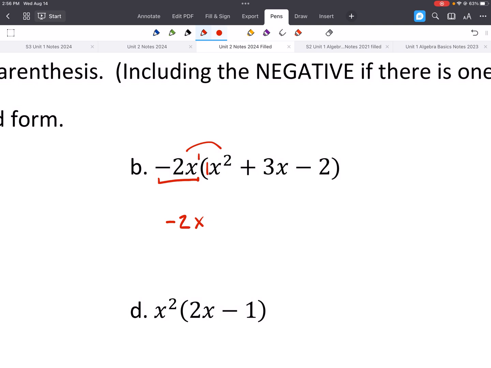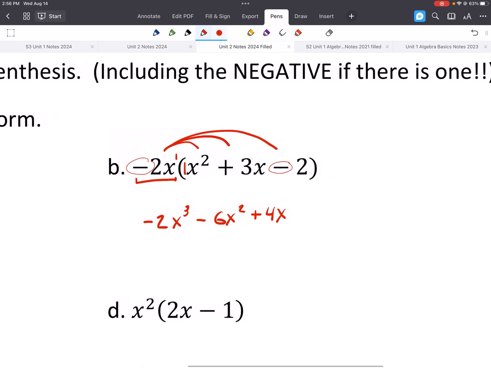So that's like x to the 1 times x to the 2 would give us x to the 3. All right, and we'd do it 2 more times with the other terms. So we'd get negative 6x squared, and then we'd get positive 4x. Okay, so just remember a negative times a negative would give us a positive.